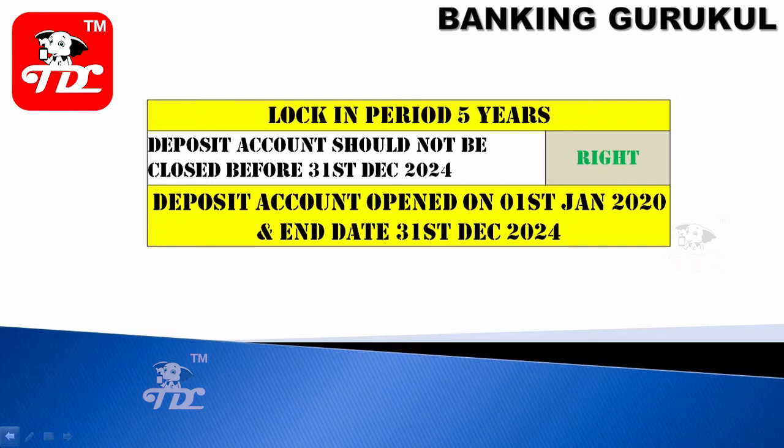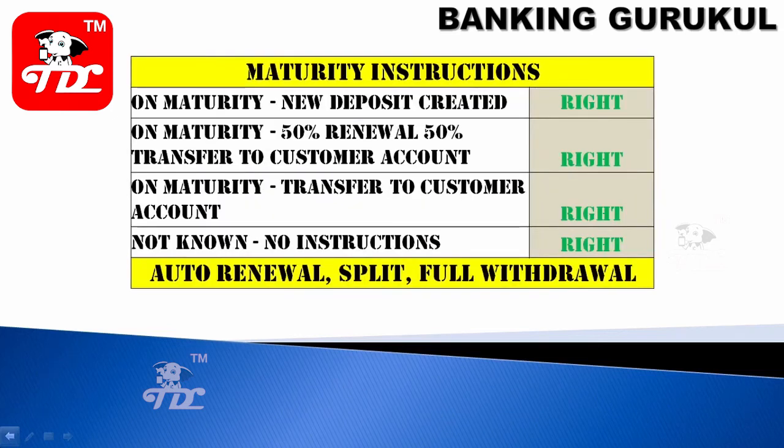A deposit should not be closed before 2024; that is not allowed. Maturity instructions: in any country, all deposits will have a maturity. If you open a deposit today for 1 year, after 1 year the deposit will be matured.